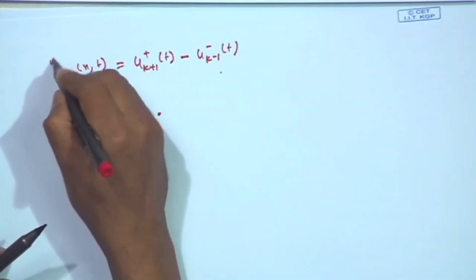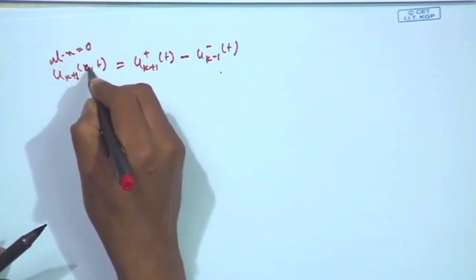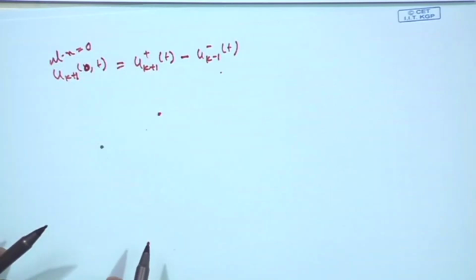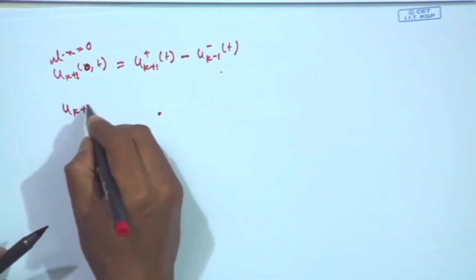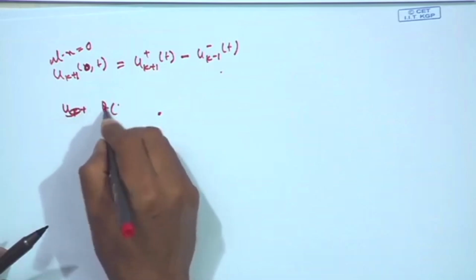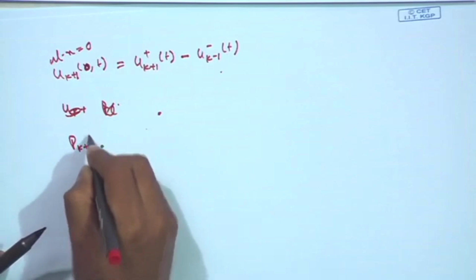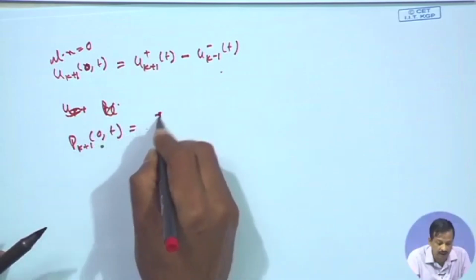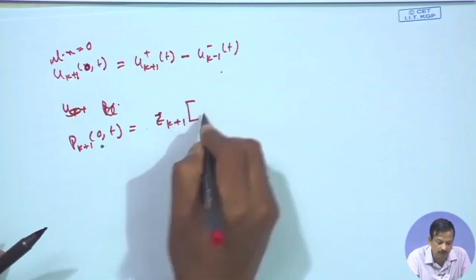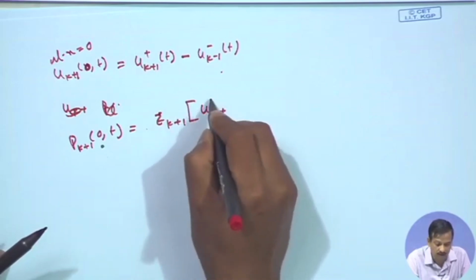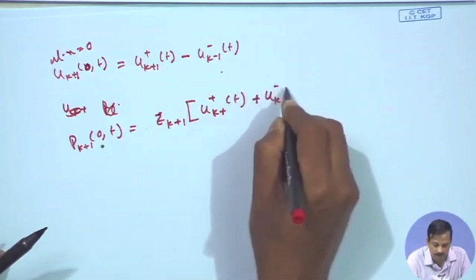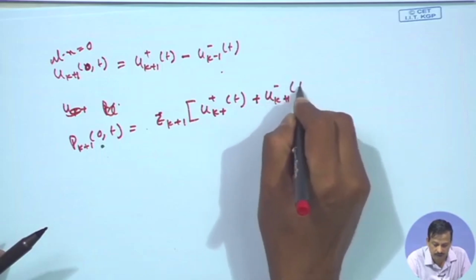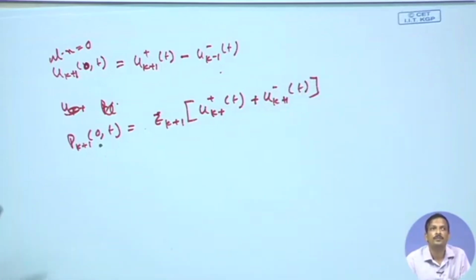What is x? At x equal to 0, this will be (0, t). Or I can say the pressure wave P_{k+1}(0, t) is nothing but z_{k+1} times u_{k+1} plus (t) plus u_{k+1} minus (t), at x equal to 0 at the (k+1)th tube.